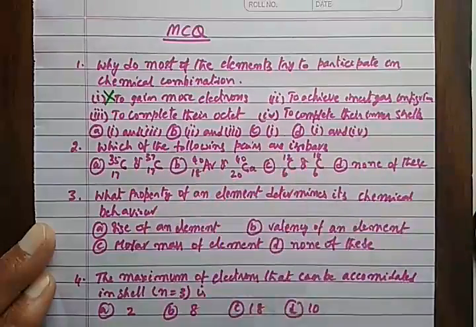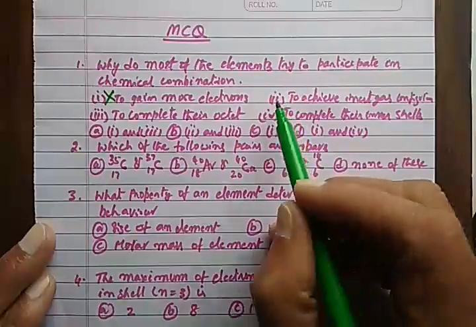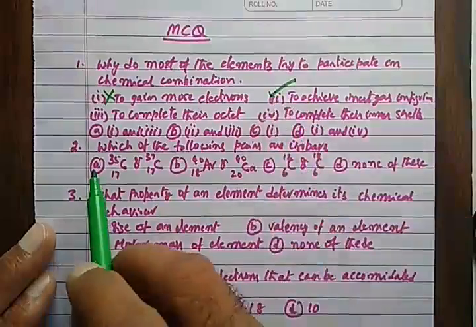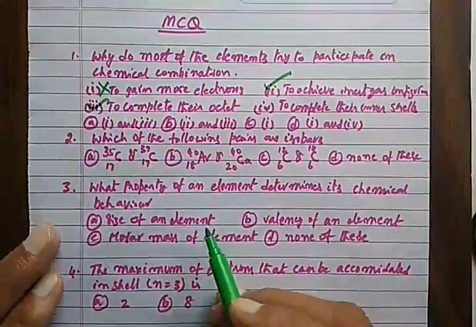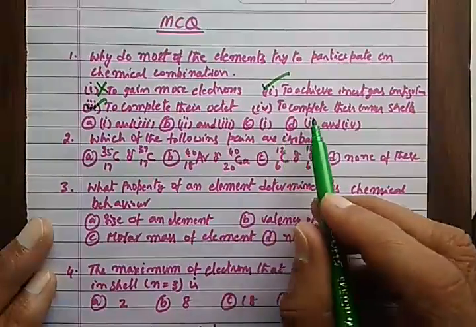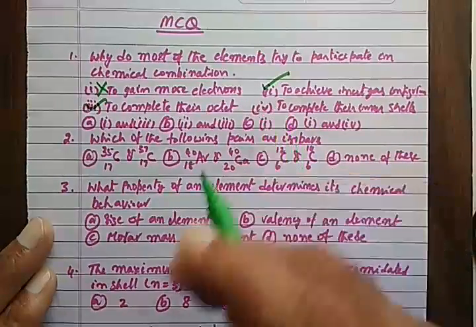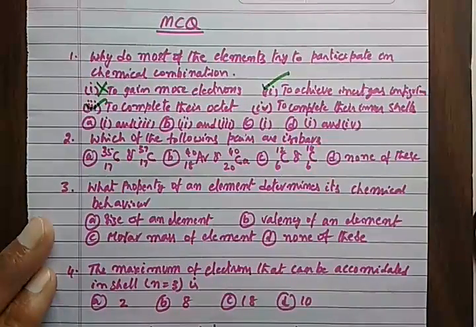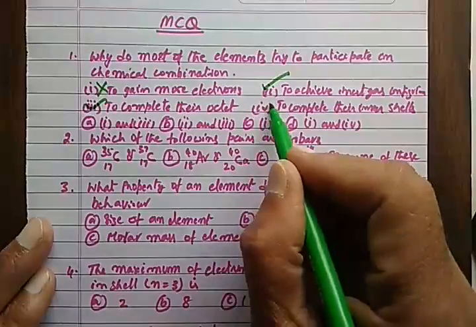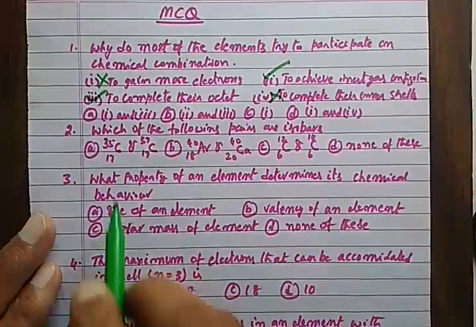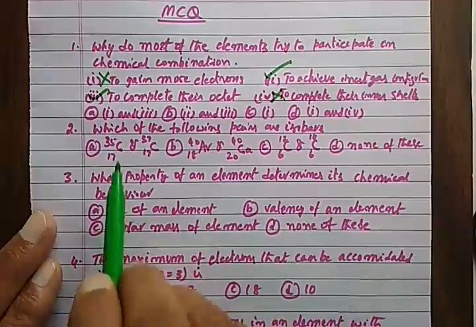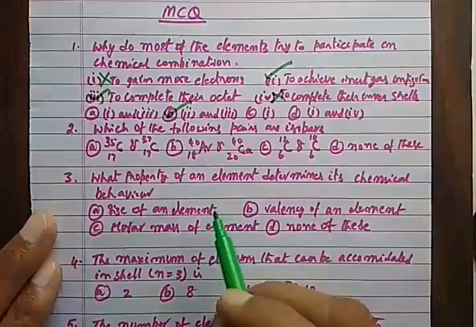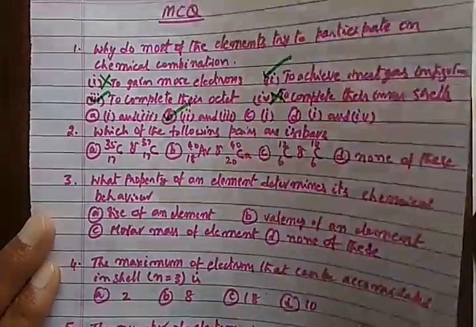We have seen in the periodic table, it will try to achieve that configuration. To complete their octet, yes, the meaning is the same. To complete their inner shells, the rule is different. Inner shells it has to complete to go to outer shells, but this is not the criteria here. So 2 and 3 combination is correct. So not this, B is correct. Other things are not correct.